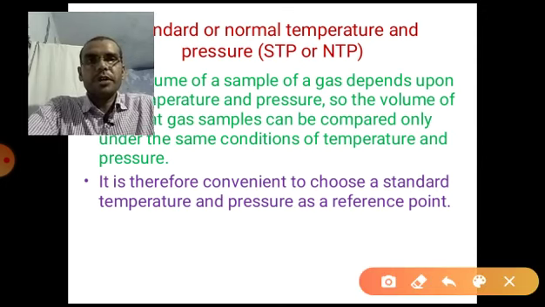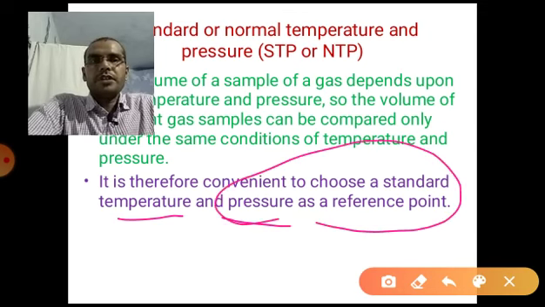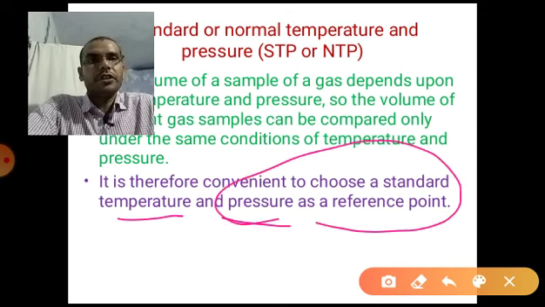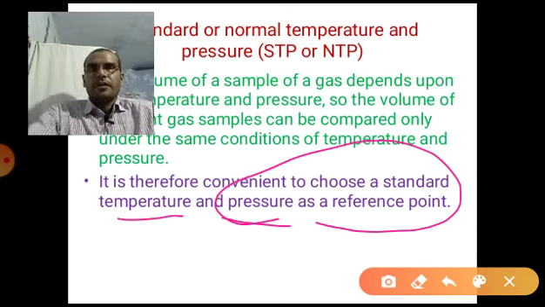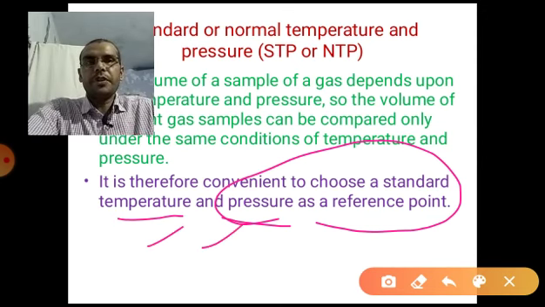So it is convenient to choose a standard temperature and pressure as a reference point. Our scientists realized the necessity to choose a standard temperature and pressure, which is also called the reference point.